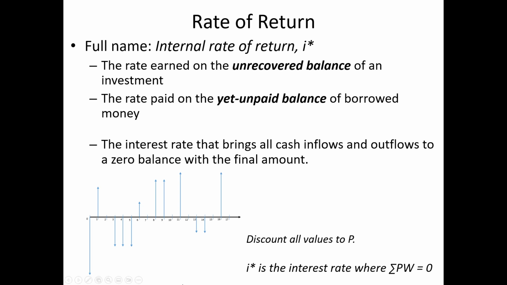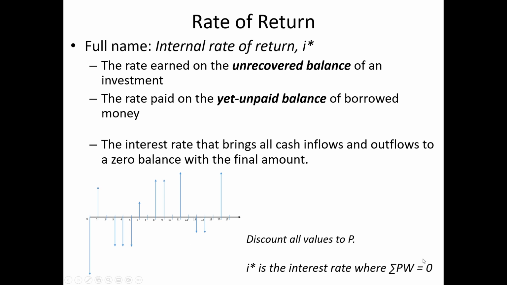So the procedure, and we're going to apply this procedure in the in-class example today, is all of the amounts have to come to the present. So you're going to discount anything in the future, and then you're going to be looking for an interest rate that makes the sum of all of those inflows and outflows equal to 0.